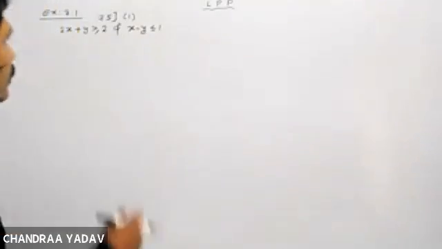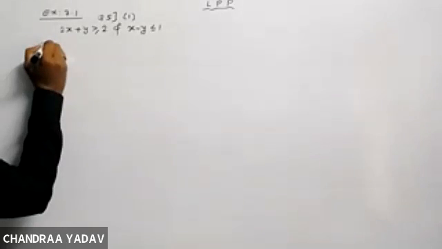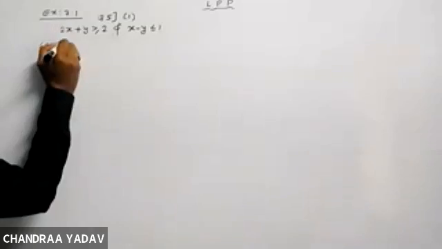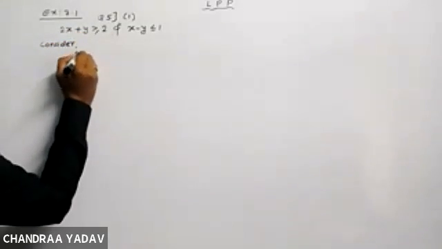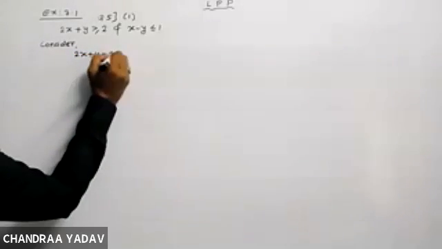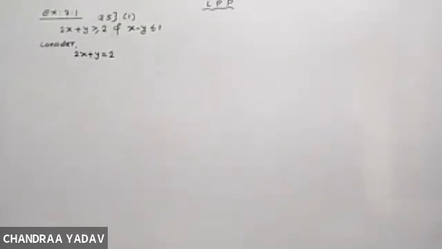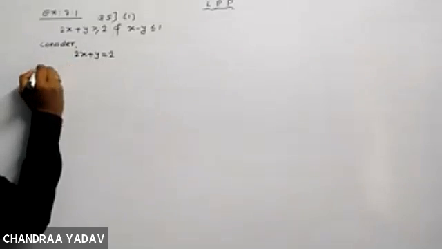The procedure is absolutely the same. There is no difference at all. So let's see how to solve graphically. Same style, we'll write here: consider the first inequation, 2x plus y is equal to 2. Any confusion? Same as we started last time.